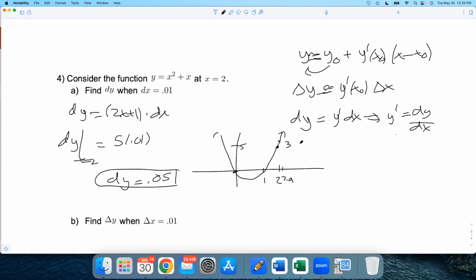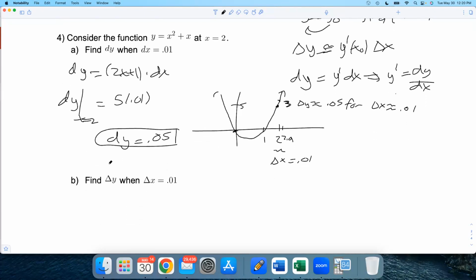My change in y, look at that distance, is approximately 0.05 for a change in x of approximately 0.01. So this was my change in x of about 0.01. That's all we're doing with differentials.